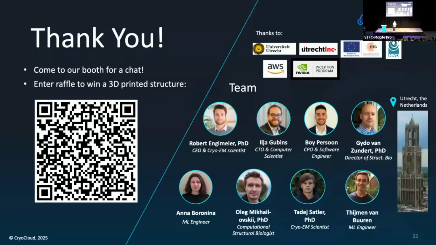So what we do see is that if you go in with a clean particle stack, the 2D classification significantly improves. So that's what we focused on right now, to really just get as clean of a particle stack as possible. And that will translate into all downstream steps. Yeah, if you start with bad particles, you have this issue that you pull some good particles into bad classes and the other way around. That's something we need to explore more.